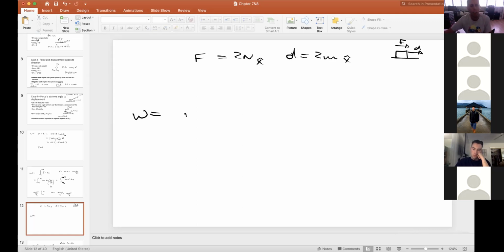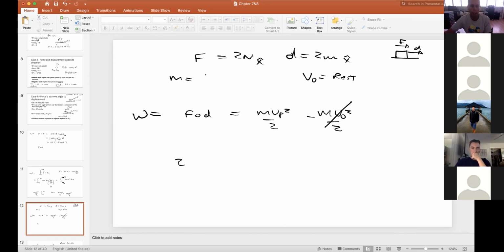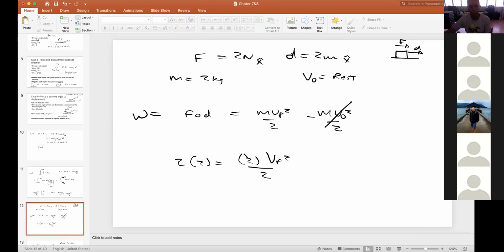The work is F dot d, which equals mv final squared over 2 minus mv initial squared over 2. Let's assume it starts from rest, although we don't have to, so the initial term is 0. I do need a mass here: my mass will be 2 kilograms. I know everything's 2. 2 times 2 is equal to 2 v final squared over 2. So 4 is v final squared, or v final is 2 meters per second.